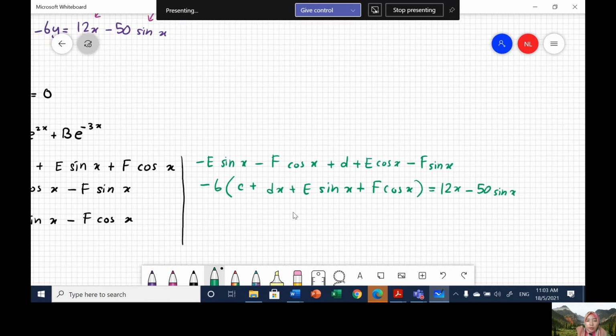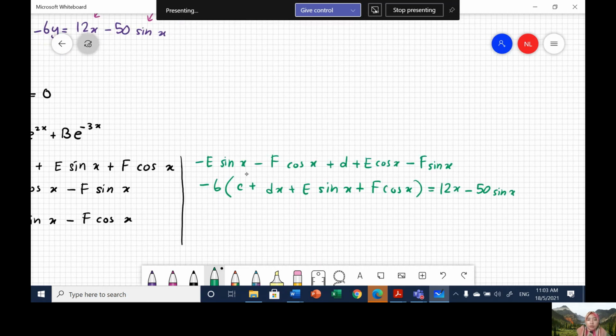We need to open this bracket first. Let's look at which parts we can write down.